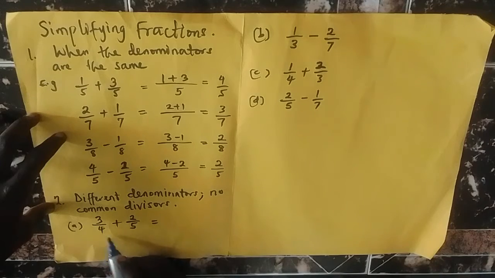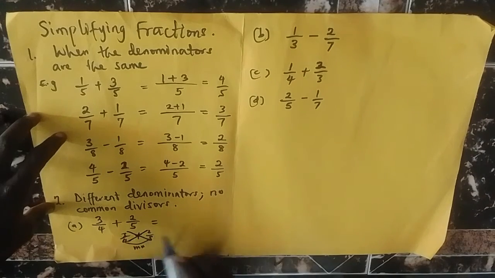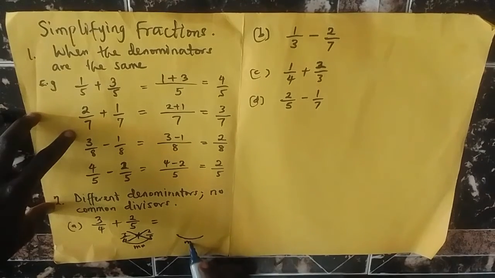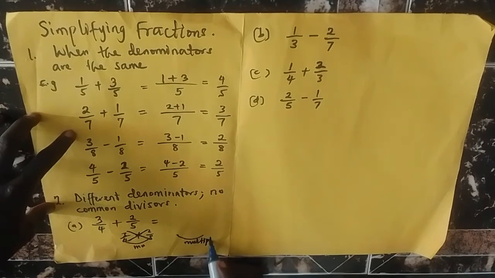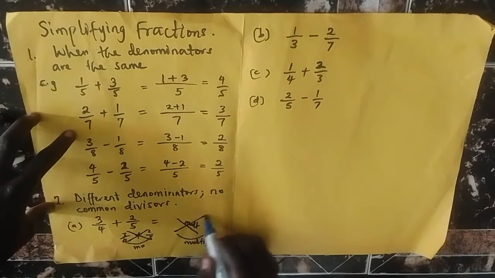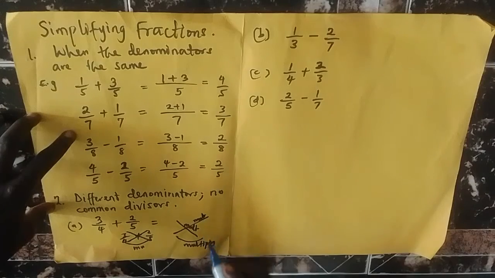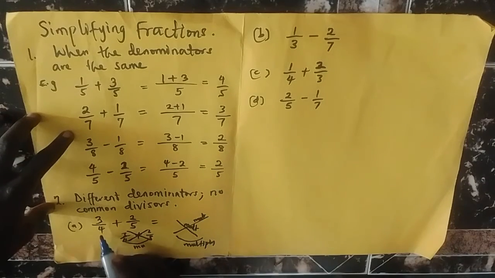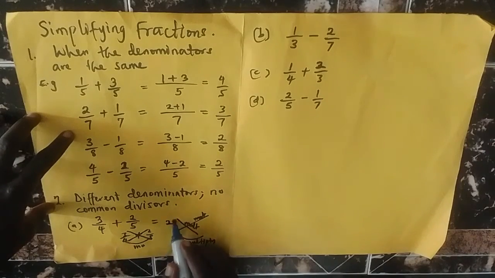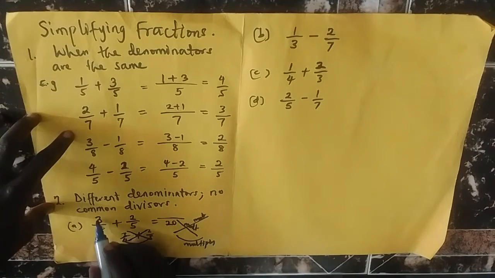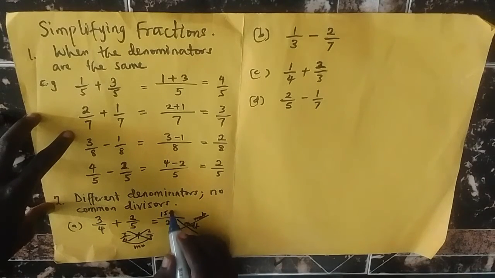like 3 over 4 plus 2 over 5, multiply this way, and also multiply. So for example, in this case, we have 4 times 5, 20, and 5 times 3, 15, plus 4 times 2, 8.